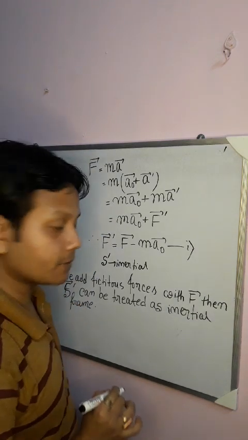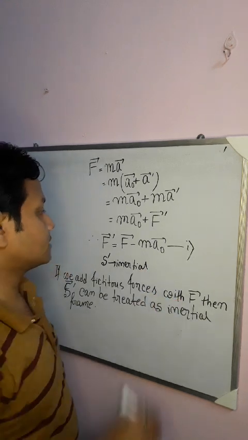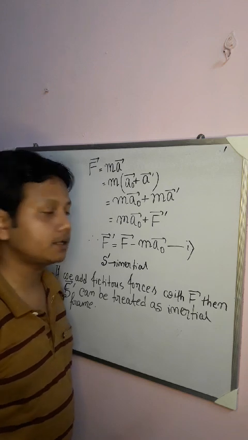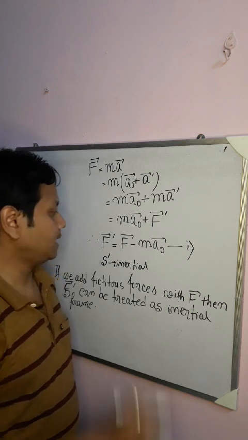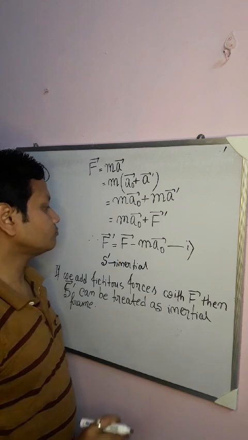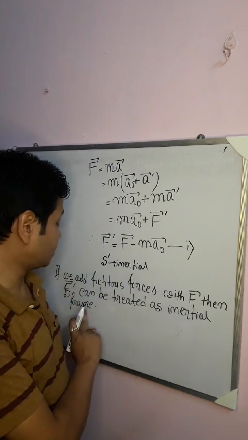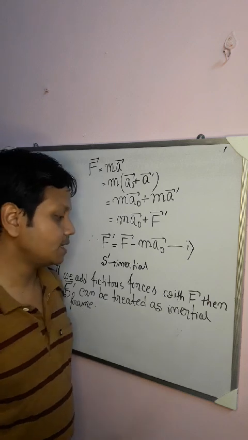Okay, fine. So if we add some fictitious type of forces with F, in that particular case F dash is also the force as experienced by an observer in the S dash frame. That means in that case S dash can also be treated as an inertial frame.